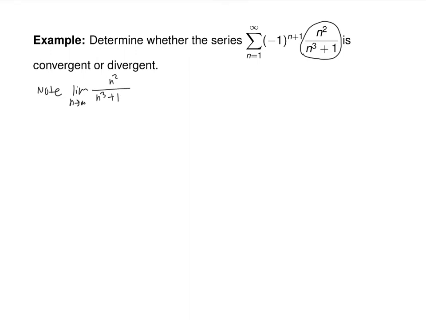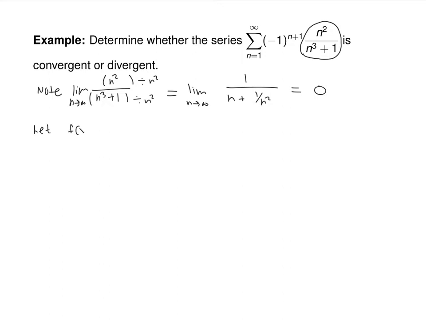The way to prove that's 0 is to divide the numerator and denominator by n squared. That becomes the limit as n goes to infinity of 1 over n plus 1 over n squared. And now it should be pretty obvious that the denominator keeps getting larger. Your numerator is 1. This will go to 0.